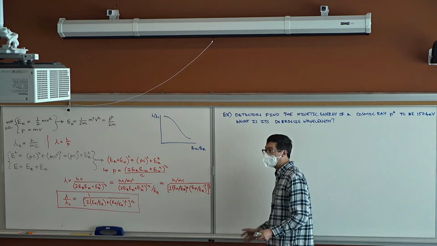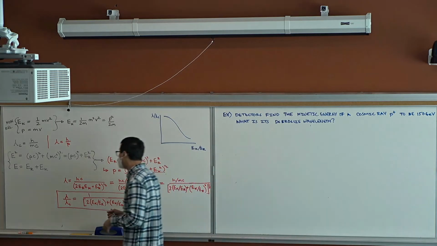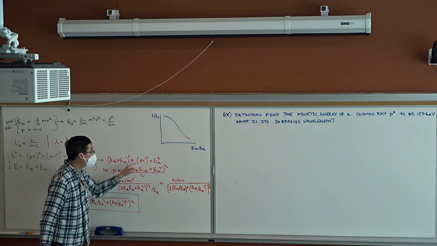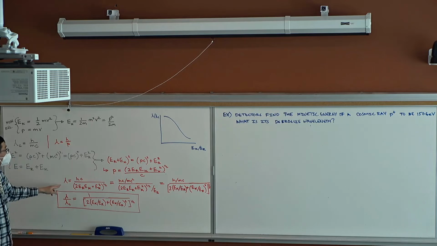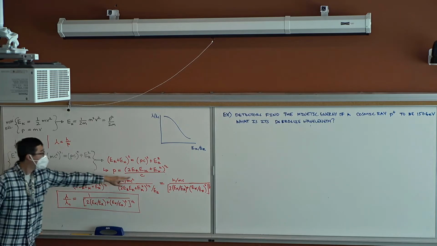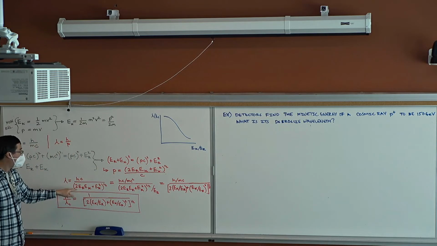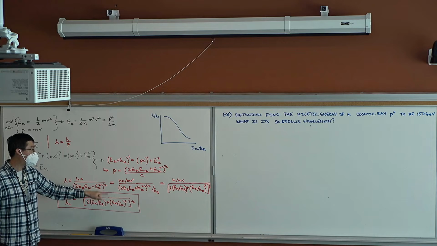So far, so good. If we remind ourselves that lambda is h over p, then lambda should just be h divided by this stuff. I get h times c over (2 E_R E_K plus E_K squared) to the half.